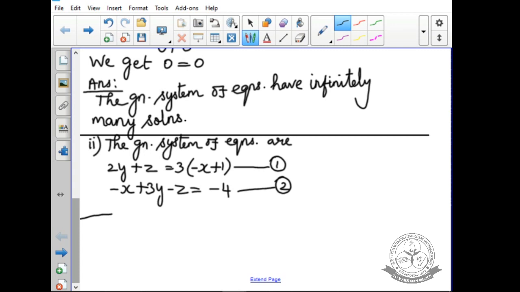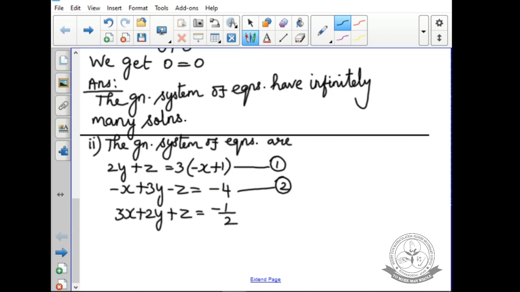Third one, 3x plus 2y plus z equal to minus 1 by 2.